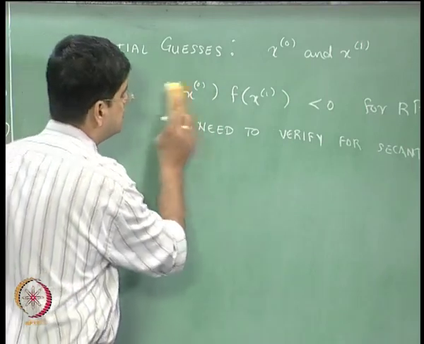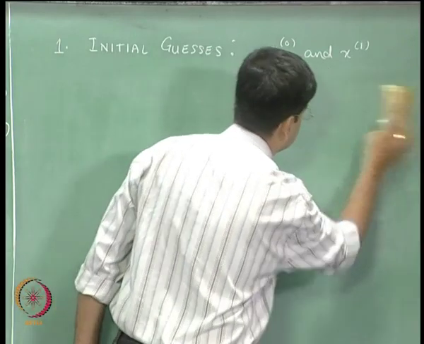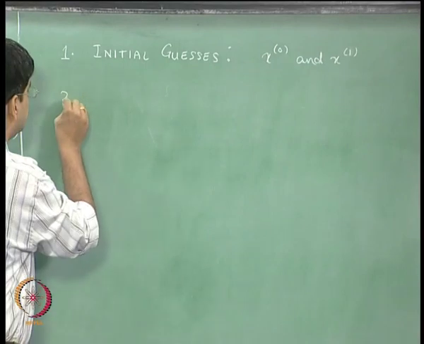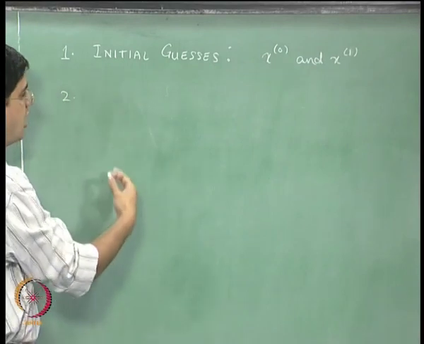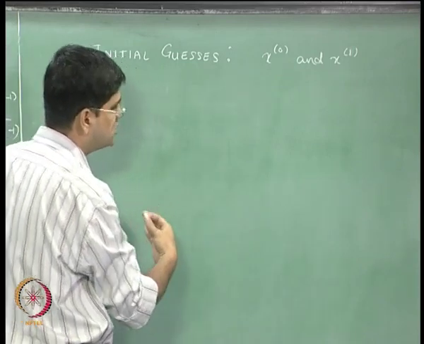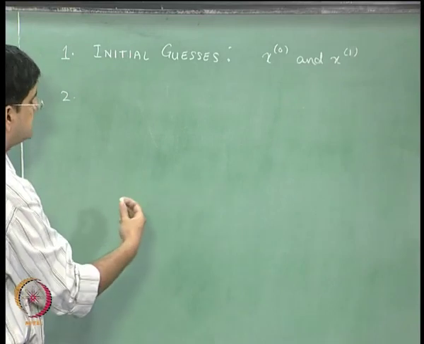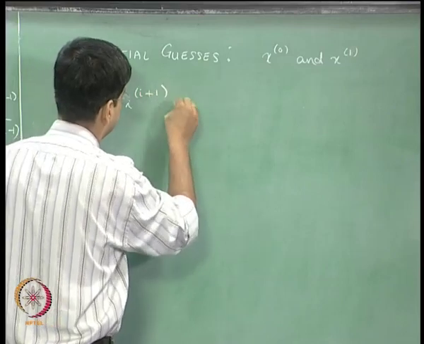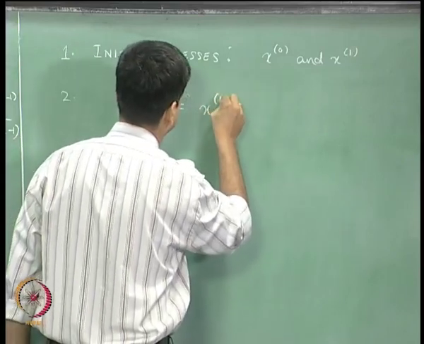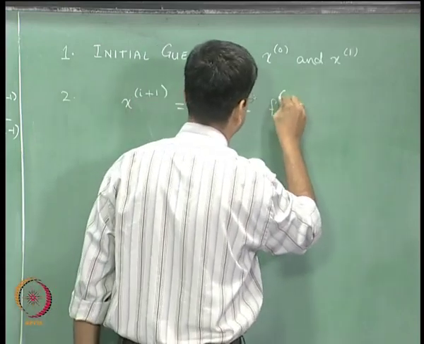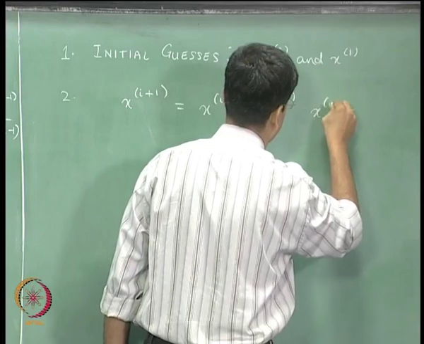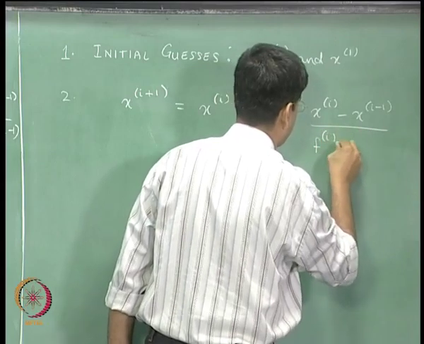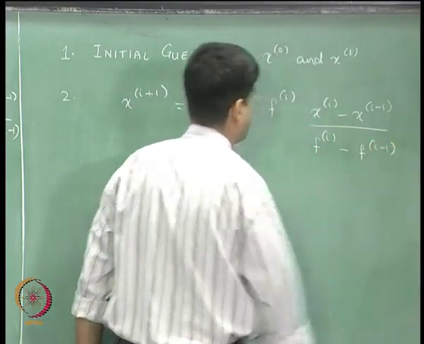I'll just erase this criterion since we don't need it, rather than keeping it on the board and cluttering the board. The next is to determine how we are going to move forward. That means to use xi minus 1 and xi to get xi plus 1. Although I am repeating myself over here, I will just write it down for the sake of completeness. Okay.